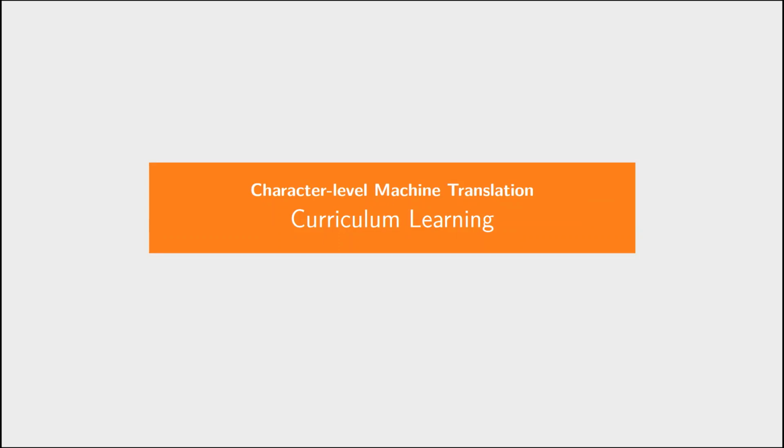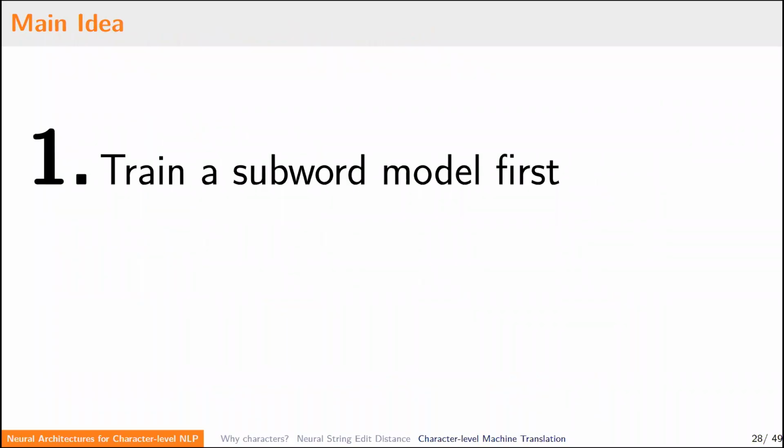Now I will pause with the criticism of other papers for a moment, and we'll talk about the curriculum learning that we did for character level machine translation, which later motivated further experiments. But the main idea of this approach is to train a subword model first, so the model knows what the words are.